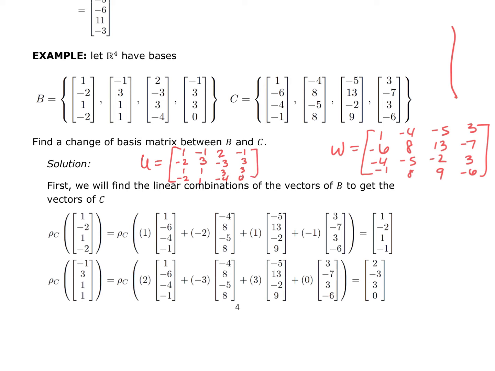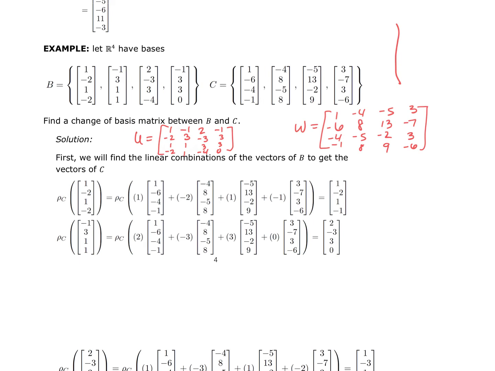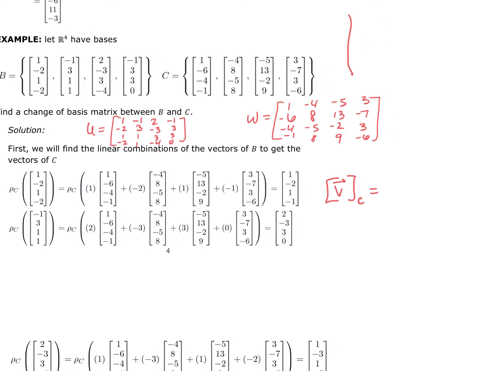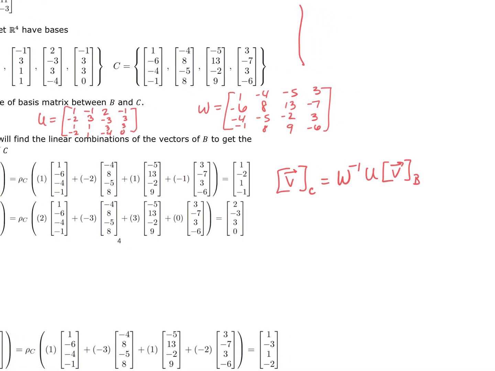Remember, I want to find a change of basis matrix to go from B to C. So my vector V with respect to C is going to be W inverted multiplied by U multiplied by my vector that I'm looking at with respect to B. So I'm going to invert W first.